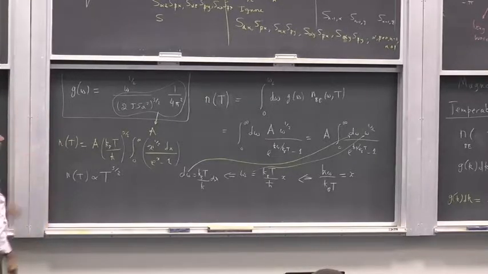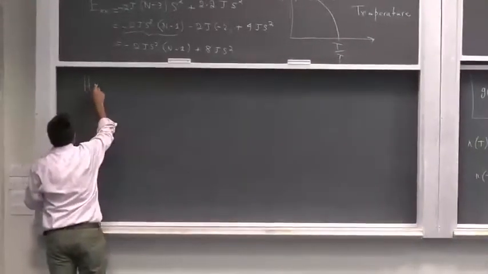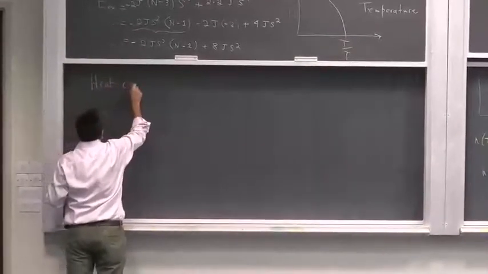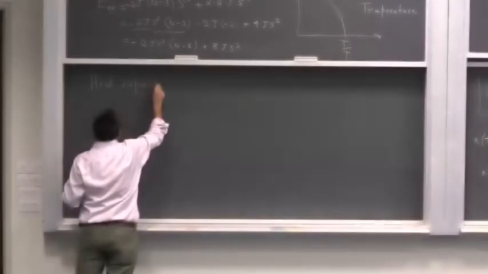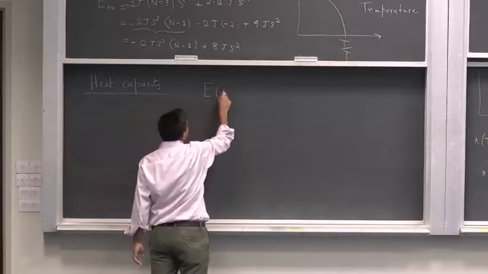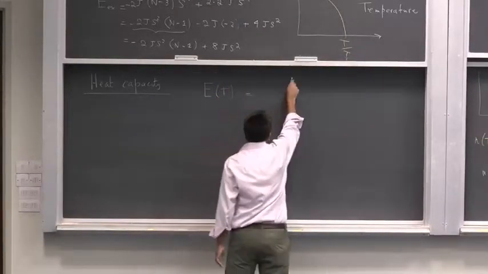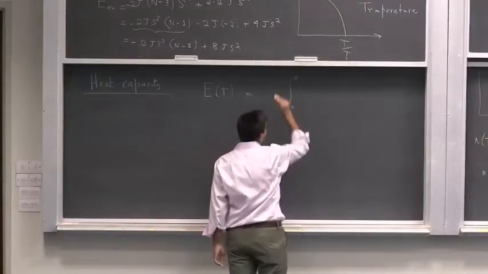Okay? Now let's calculate the heat capacity. That's something simple to do. For the heat capacity, we need to know the total energy at a certain temperature. The total energy, once again, is going to be given by an integral.